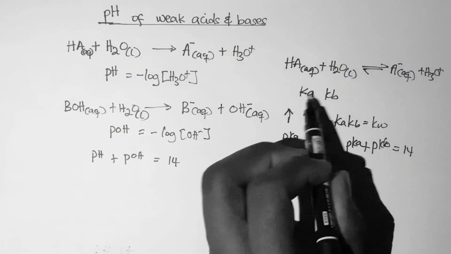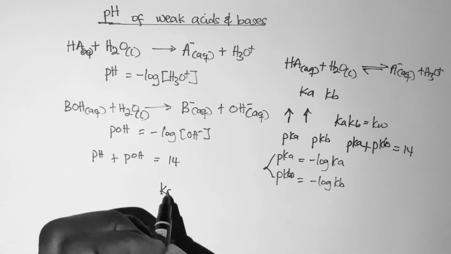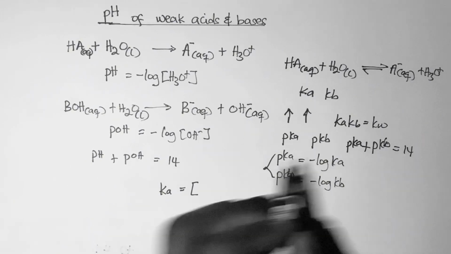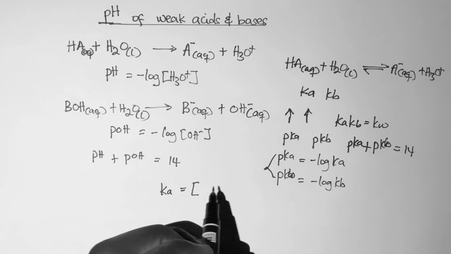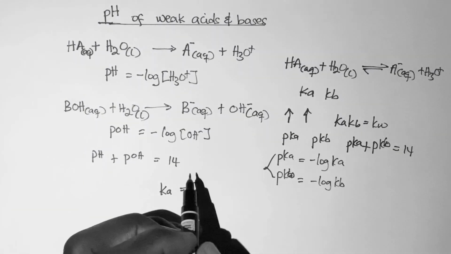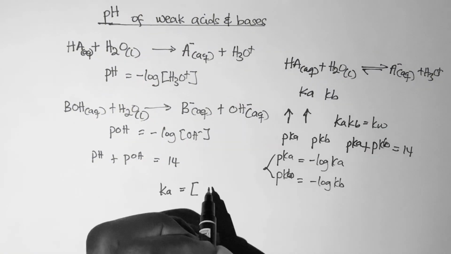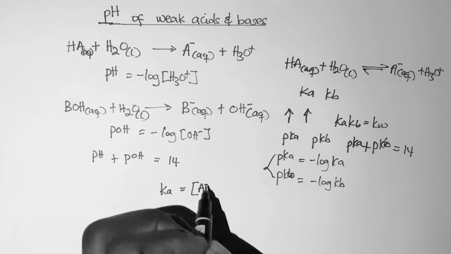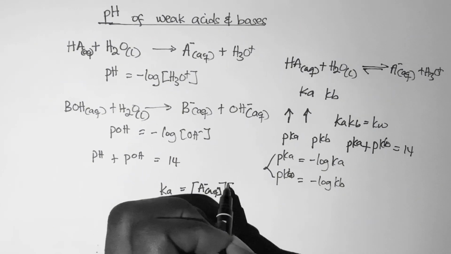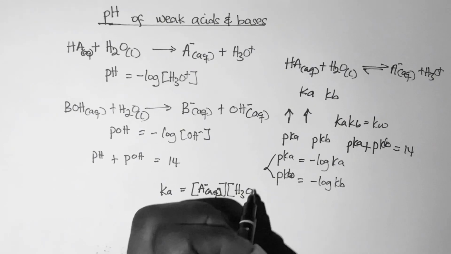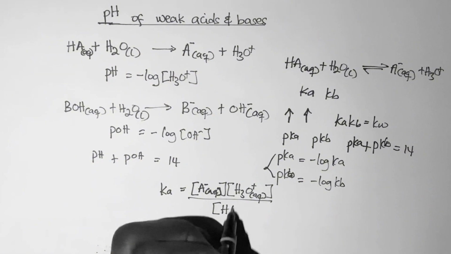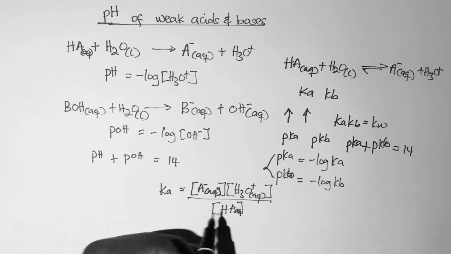Now, how do we write the Ka? Acid dissociation constant is equal to the product of the concentration of the products divided by the concentration of the reactants. So in the case of this equation, Ka is equal to concentration of the A- ions times the concentration of the hydronium ions, divided by the concentration of HA in aqueous solution.